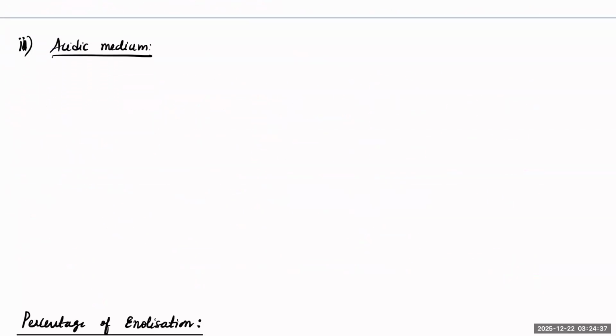Right. Now let's notice this in acidic medium, everybody. How does tautomerism work in acidic medium? See, we start again with ketone. The first step, show the keto part here. So CH2H, I'm writing it this way.